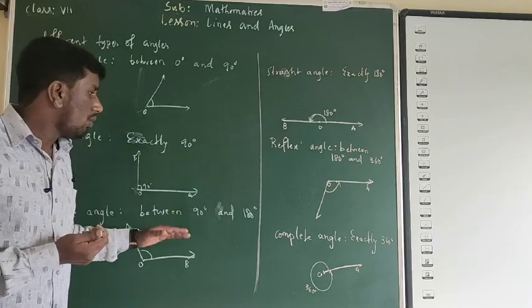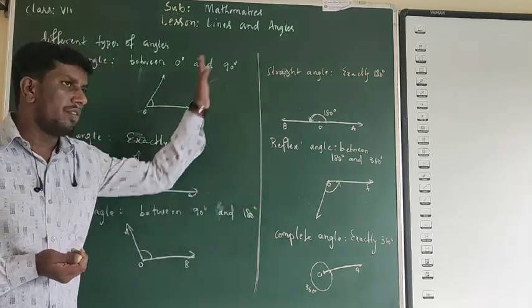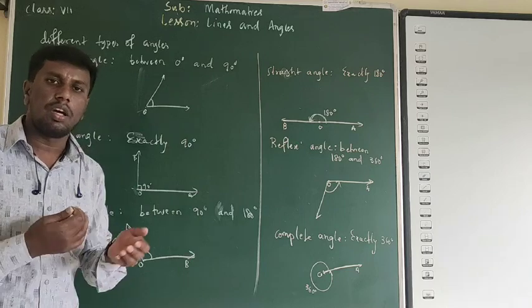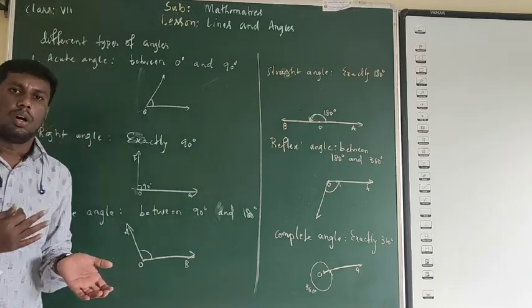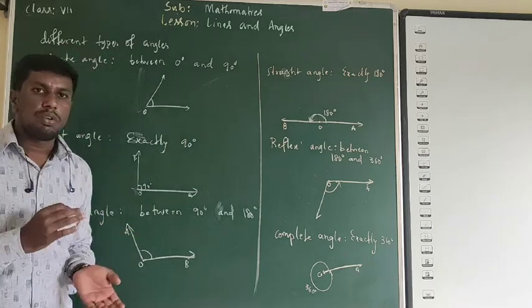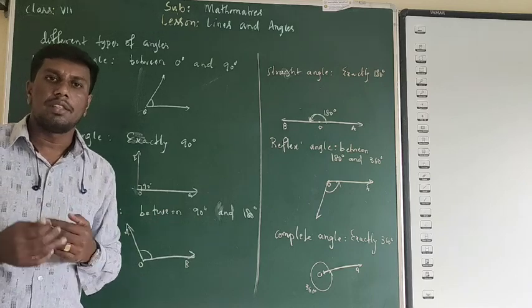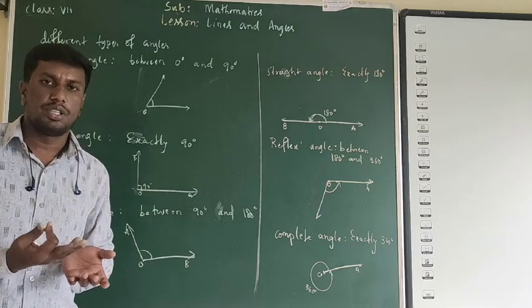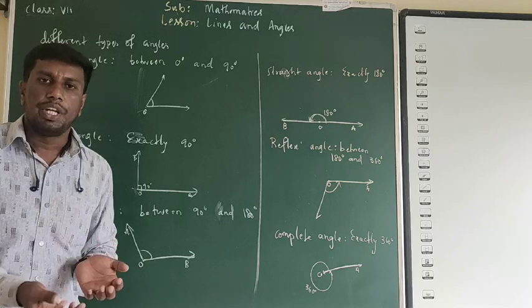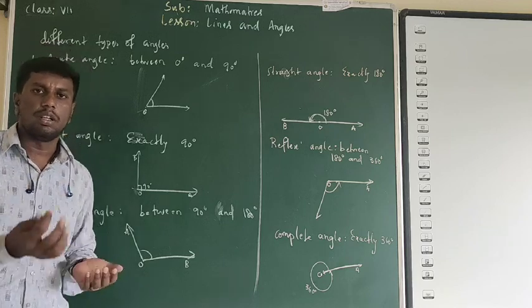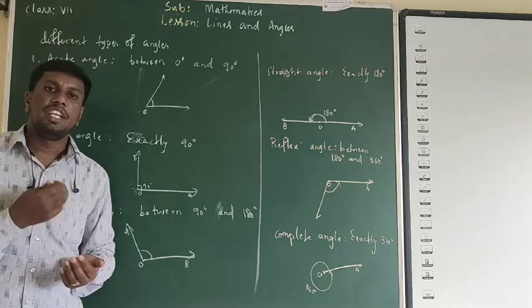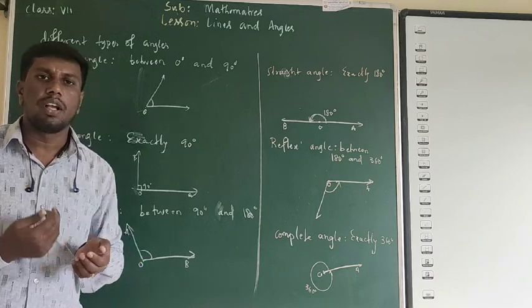Till complete angles, we studied different types of angles in our earlier classes. In class 7, we are going to study supplementary angles, complementary angles, adjacent angles, vertically opposite angles, and then linear pair of angles.